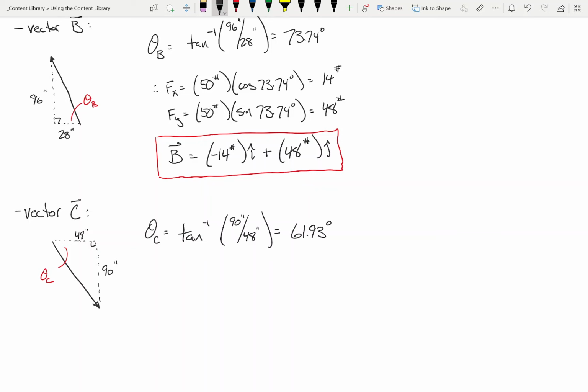See how this just seems a lot easier than doing all that other stuff? Again, I think that other stuff's necessary to understand the idea, but when it comes to execution, this is just a lot more elegant. So this is, what was that, 51 pounds?